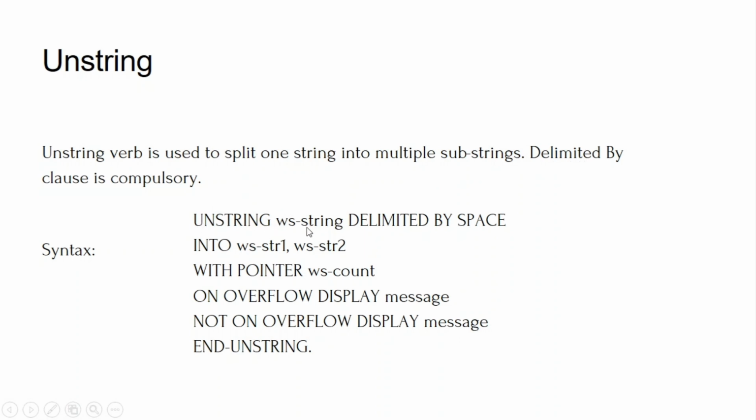UNSTRING WS-STRING DELIMITED BY SPACE INTO multiple strings, string 1, string 2, WITH POINTER. WS-COUNT would be the length of the strings. This is the exception handling: ON OVERFLOW display message, NOT ON OVERFLOW display message, and END-UNSTRING. So this is the syntax we have for UNSTRING.